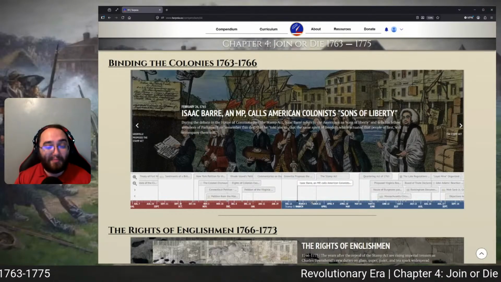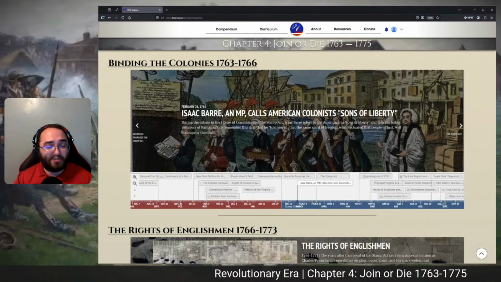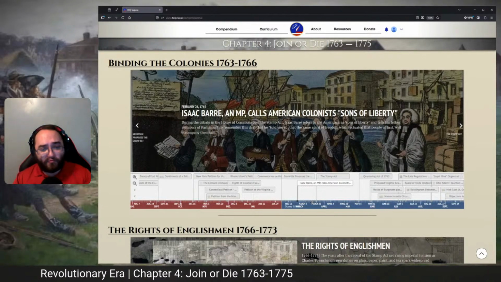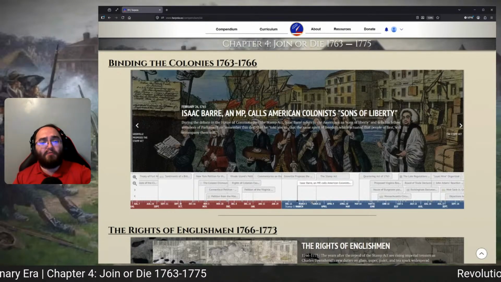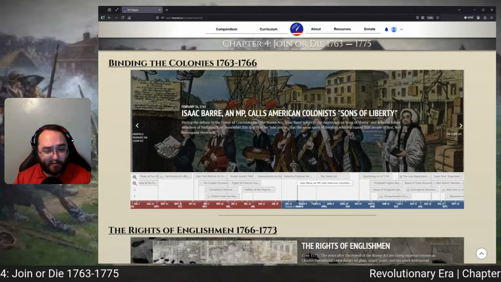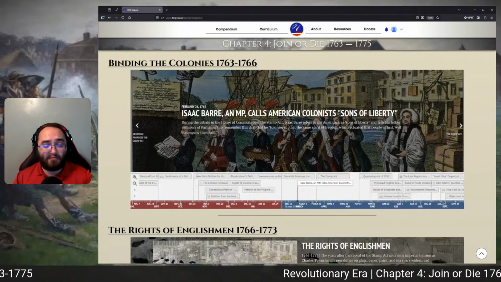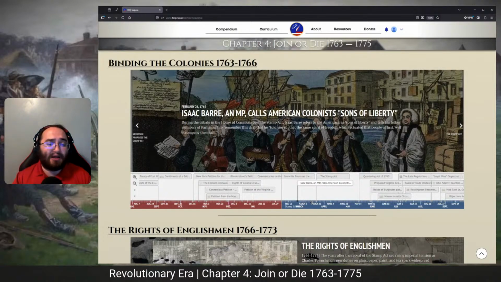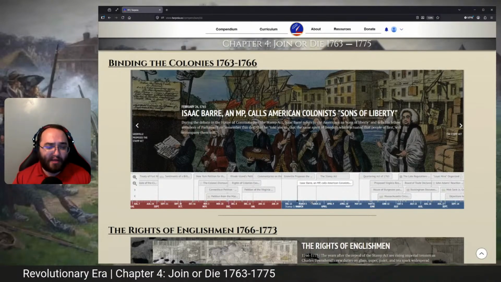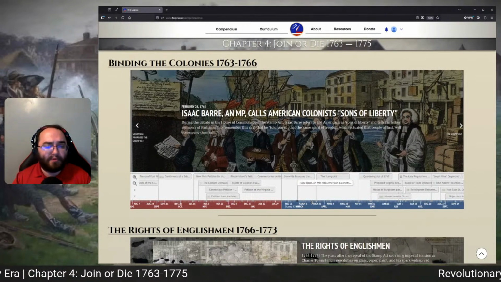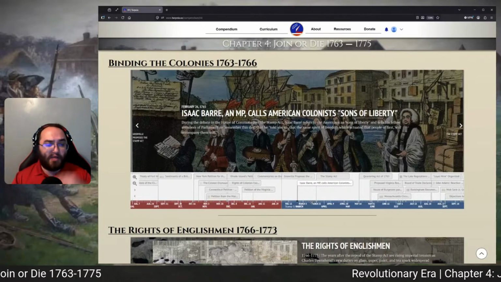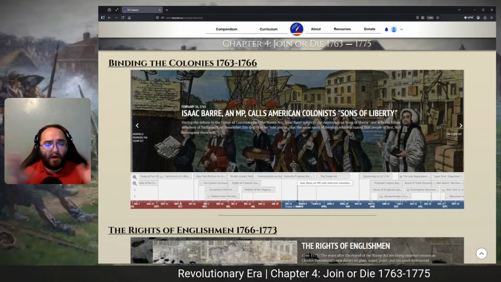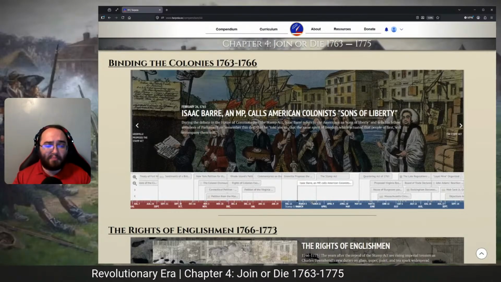Most members of Parliament, especially the Whigs, are going to be in favor of colonial rights, in favor of colonial representation in Parliament, and against a lot of these policies that are passed. So Parliament itself was very divided. That is an aspect of this time period that most educators, most teachers leave out. Parliament was not 100% on board with all these policies.